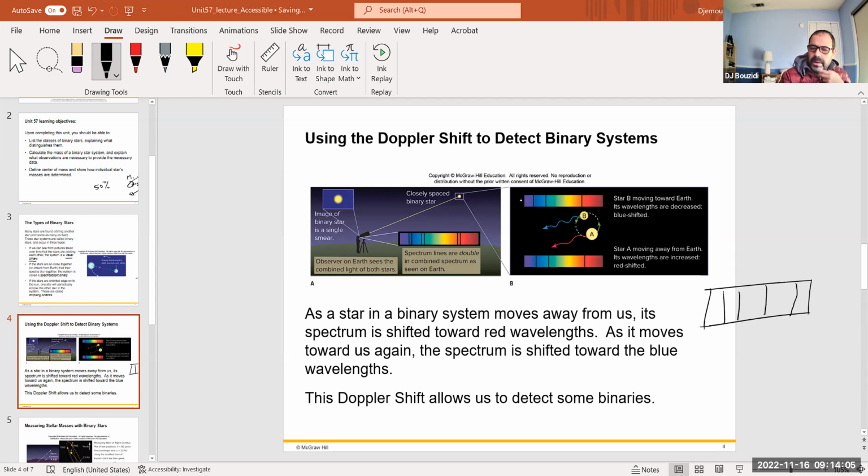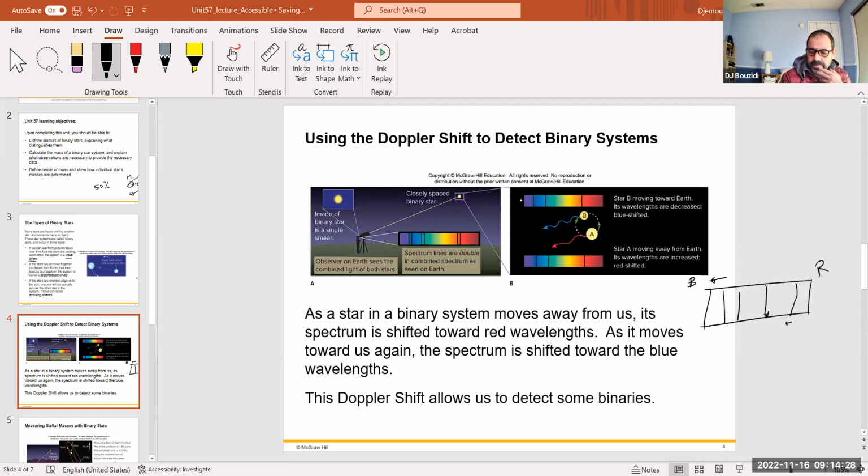This is an absorption spectrum, so it appears as dark lines. Now, if the star is moving towards us, this spectrum is shifted toward the blue. It doesn't mean that the colors are blue. The red stays red, but it's slightly less red than it should be.